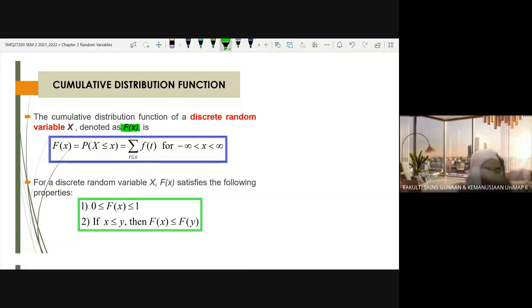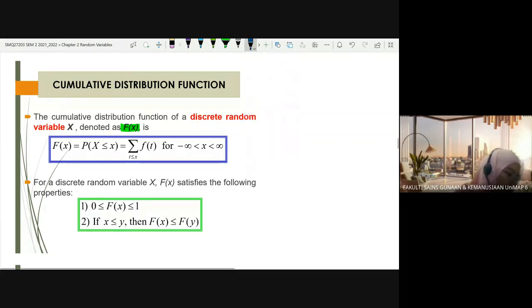Now, regardless of all the things that we have discussed just now, we are talking about the cumulative distribution function. What is it about this cumulative distribution function that we need to know? First, the notation for this particular cumulative distribution function is written as capital Fx.